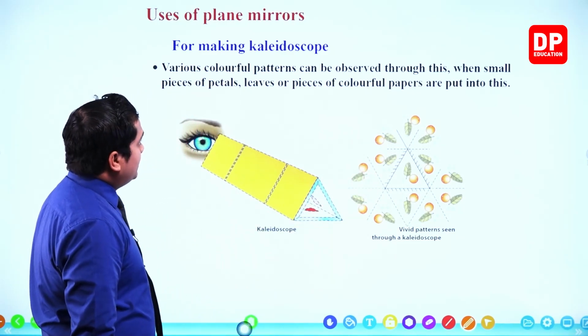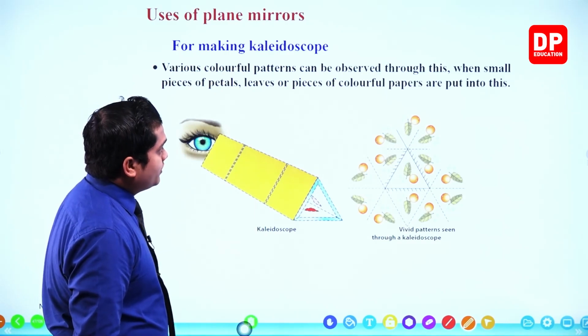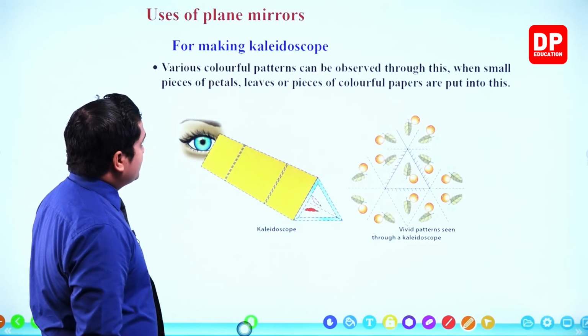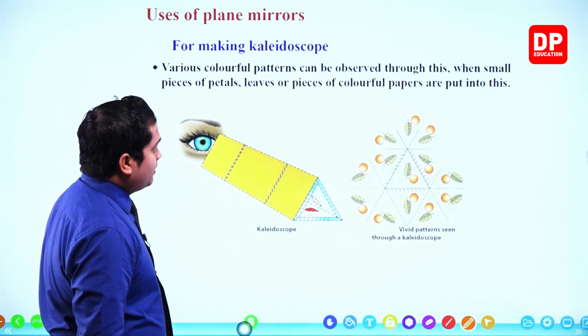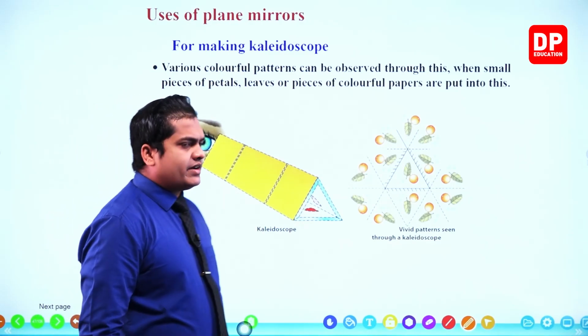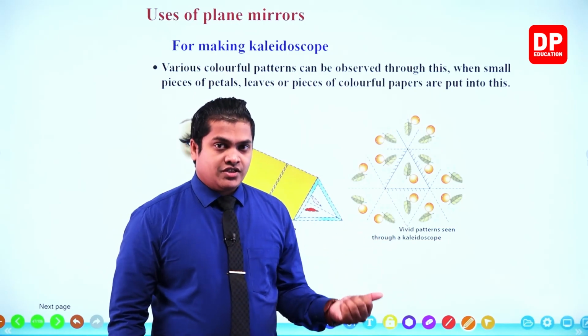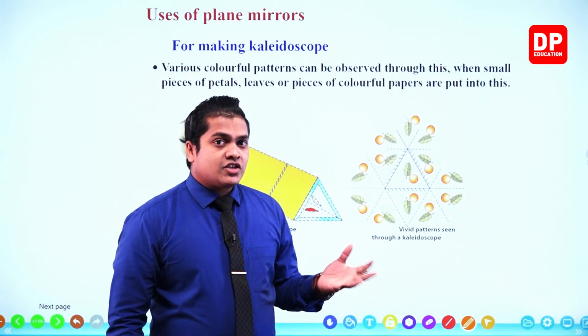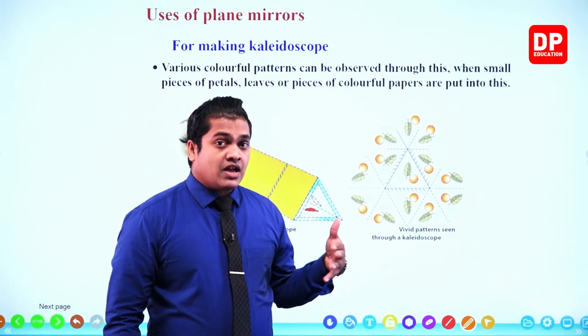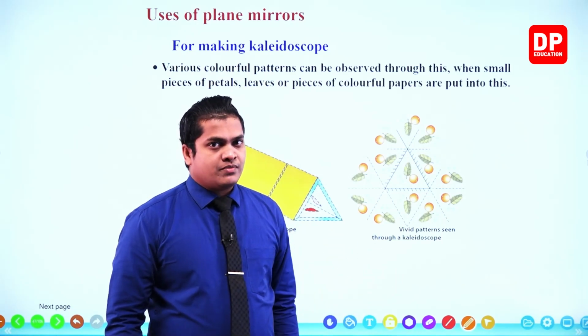Various colorful patterns can be observed through this when small pieces of petals, leaves, or pieces of colorful paper are put into it. So what is the use of this? These patterns can be used in fashion designing, in designing tiles, ceramic items and bathware items, my dear children.